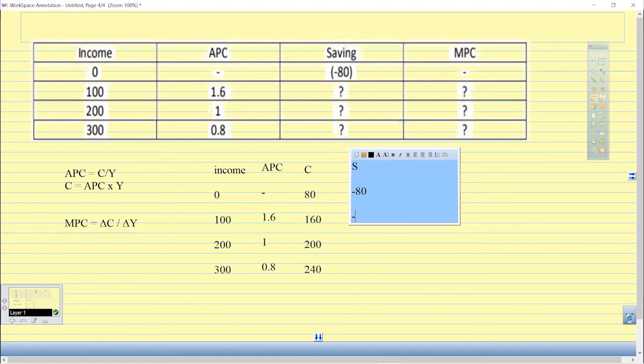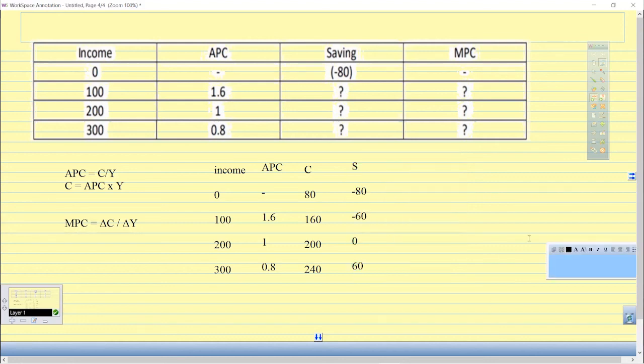Saving will be minus 60. Income and consumption both are equal at 200, so here saving will be 0. Then income is 300, consumption is 240, so saving is 60. I hope it's clear.